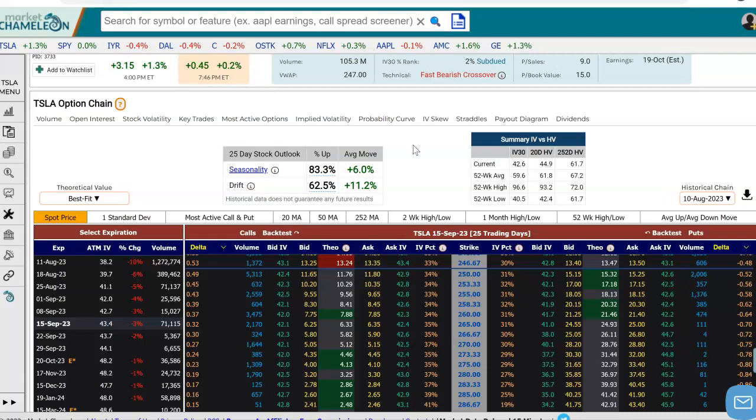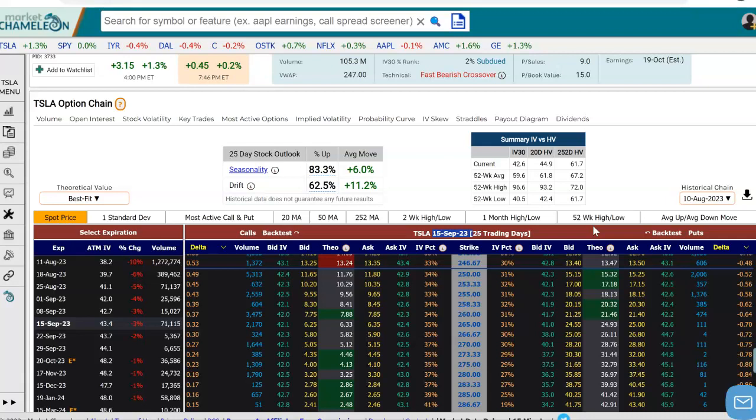We know what today's date is, and we also know the date that this option will expire. All these options will expire September 15th. Our question can be, historically, during this similar calendar period, what did Tesla stock tend to do? Does it have some kind of seasonality impact?